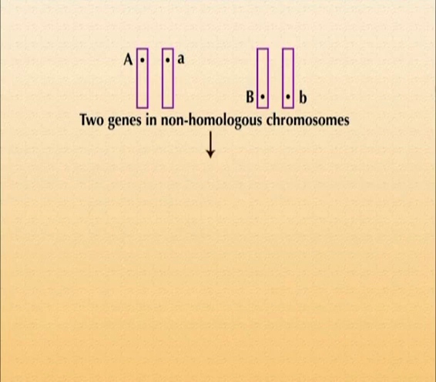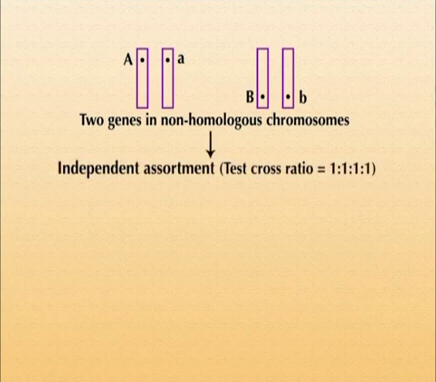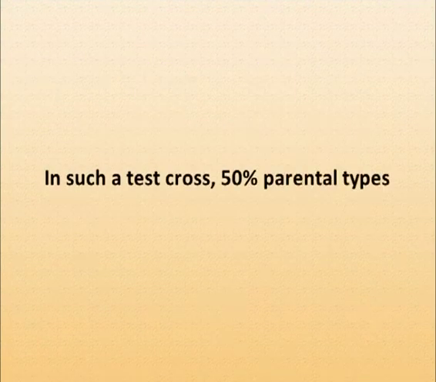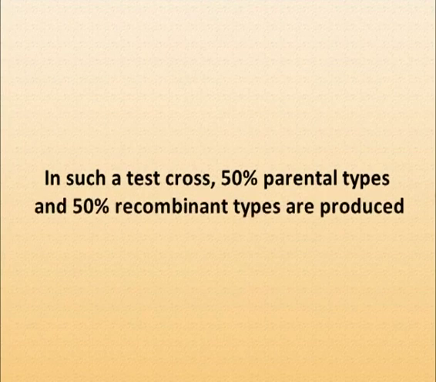Independent assortment of these chromosomes will lead to the formation of four types of gametes in equal proportion. The expected frequency of a test cross progeny, therefore, will be in the ratio of 1:1:1:1. It may be noted that in such a test cross, 50% parental types and 50% recombinant types are produced.